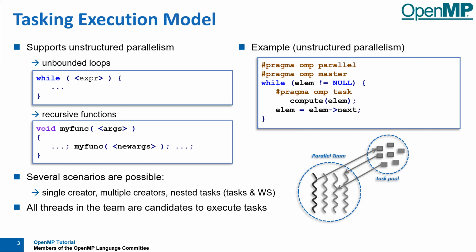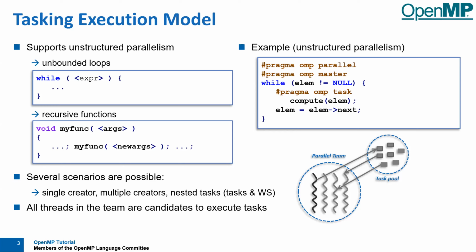And then, there's a whole bunch of different patterns, like single creator, where you have one thread or one task going through some sort of data, and anytime it iterates over one of those data elements, it creates a new task and produces work for consumers.